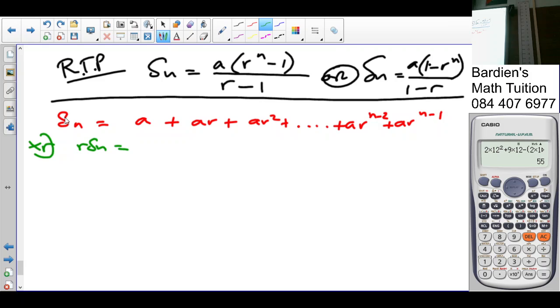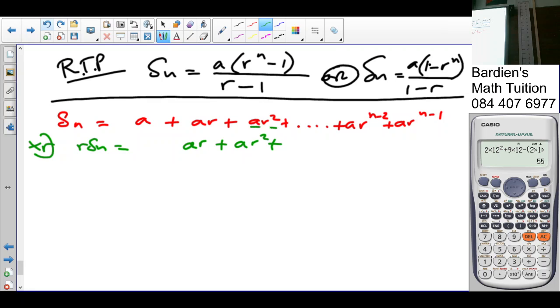I'm going to put like terms one below the other. When I multiply this line by r, I get ar. When I multiply this by r, what am I going to get? ar squared. All okay with that?